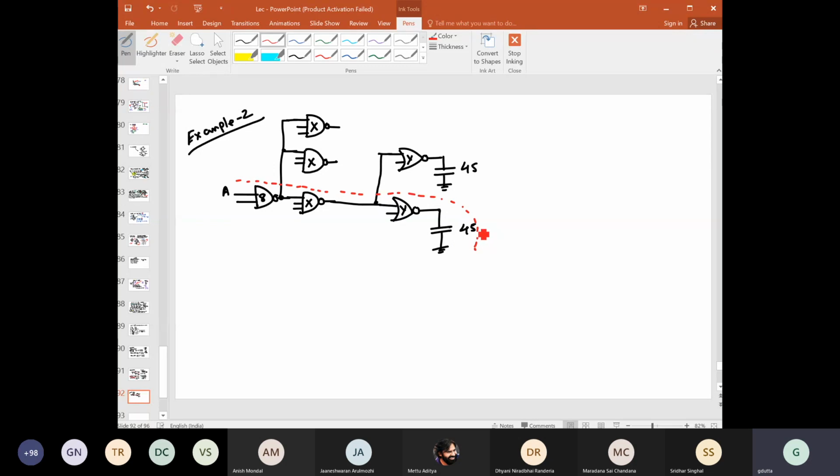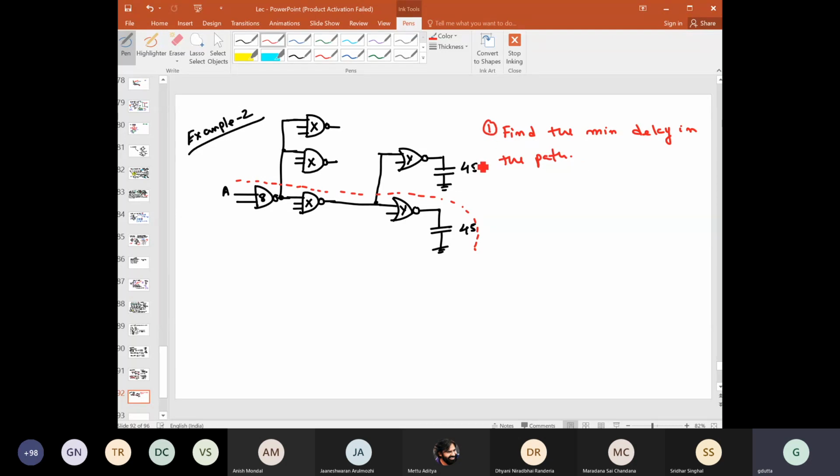Now the question is, we have to find the minimum delay in this path. That is number one.